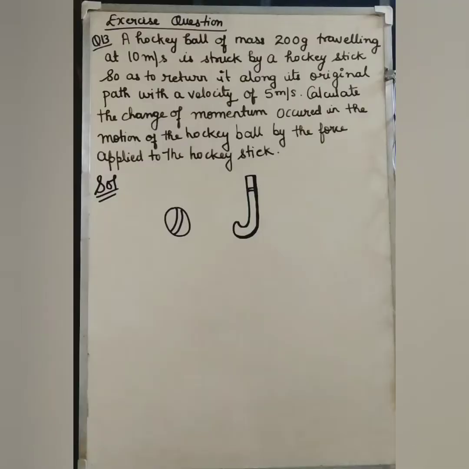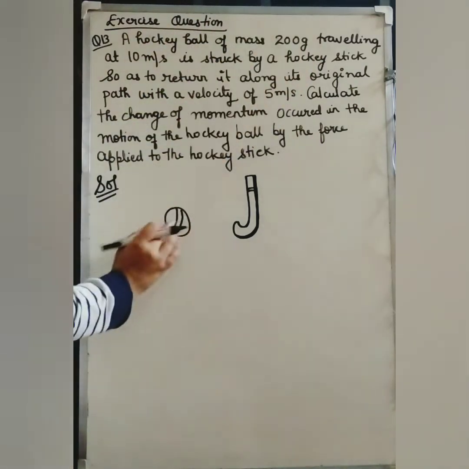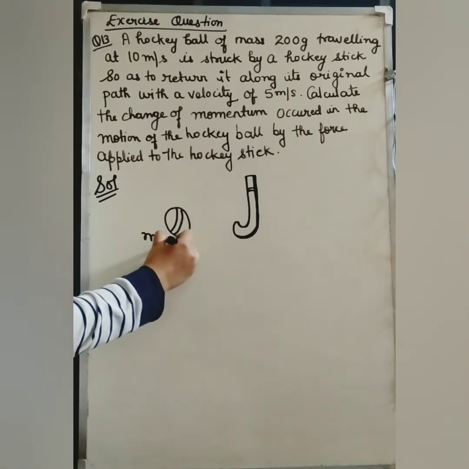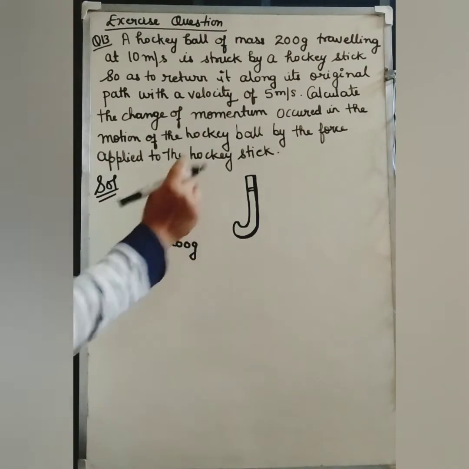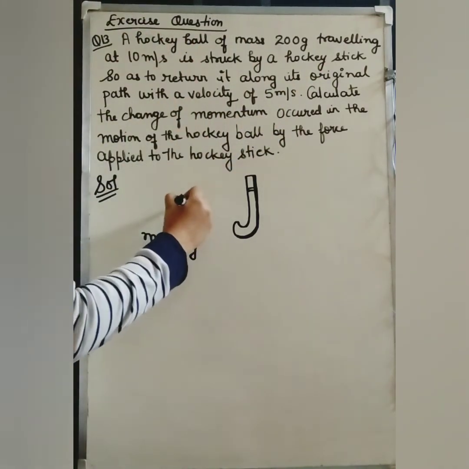So let's start with the first question of your exercise portion. Students, this is question number 13 of your exercise of chapter Force and Laws of Motion. In this question, a hockey ball of mass 200 gram is traveling at a speed of 10 meter per second.